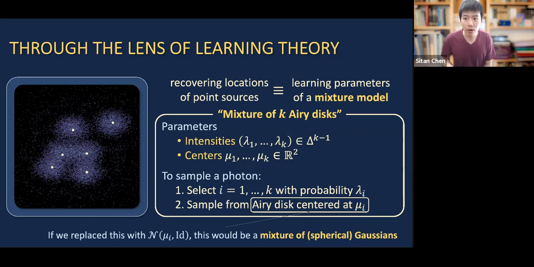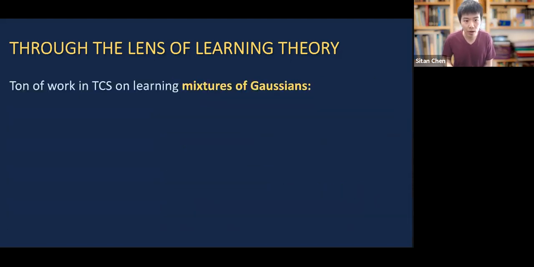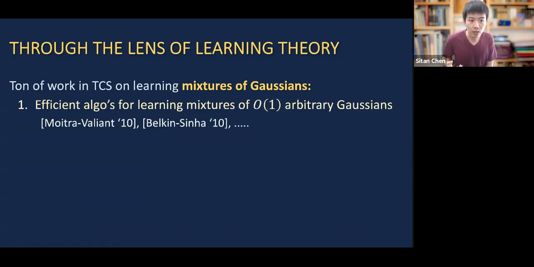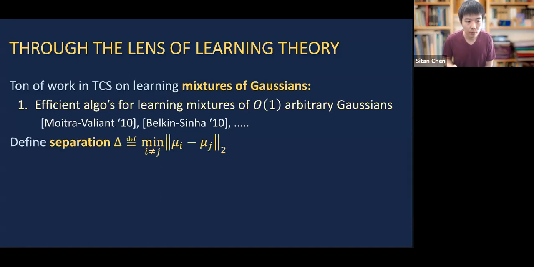And indeed, there's been a ton of work in theoretical computer science on the problem of learning mixtures of Gaussians. We have efficient algorithms for learning mixtures of a constant number of arbitrary Gaussians, even ones that aren't spherical. And our main quantity of interest is really the level of separation between the different components. So let's define separation delta to be the minimum pairwise distance between any two distinct centers in the mixture.